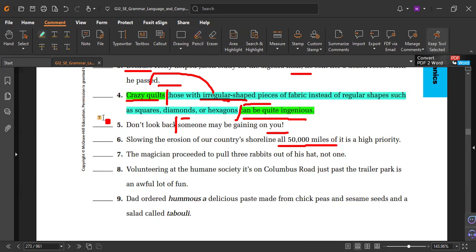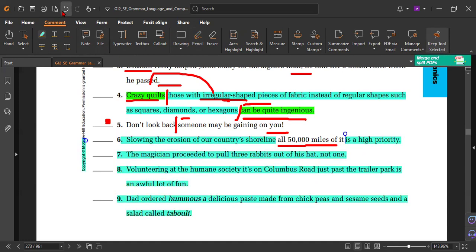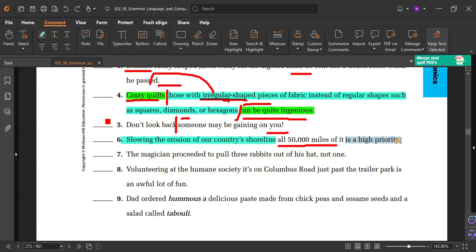If you read carefully, you will find this part completes this part. So between them, additional information. Yeah, because this is your subject and this is a verb.